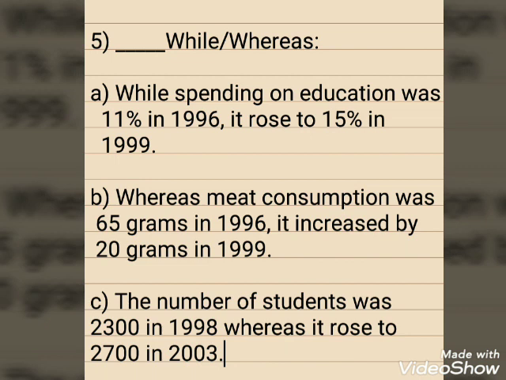Okay, next sentence, whereas meat consumption was 65 grams in 1996, it increased by 20 grams in 1999. The next sentence, the number of students was 2,300 in 1998, whereas it rose to 2,700 in 2003.